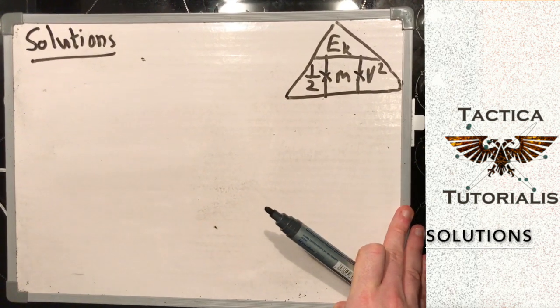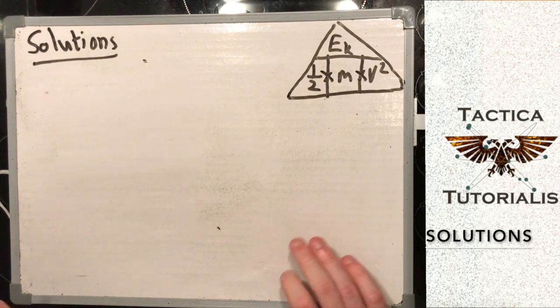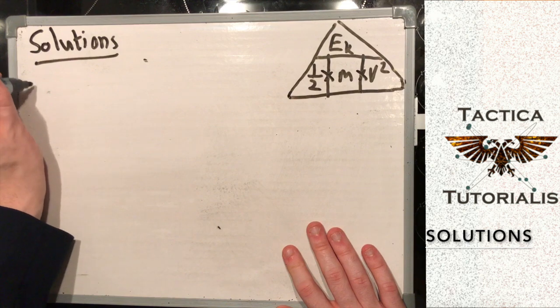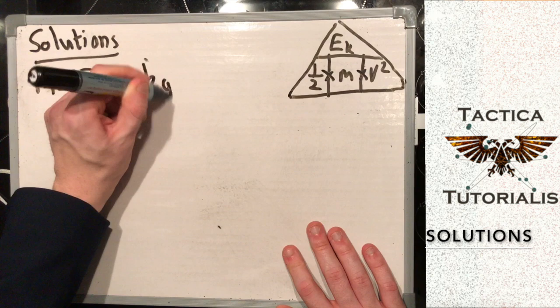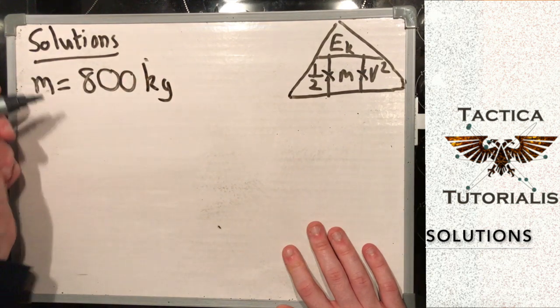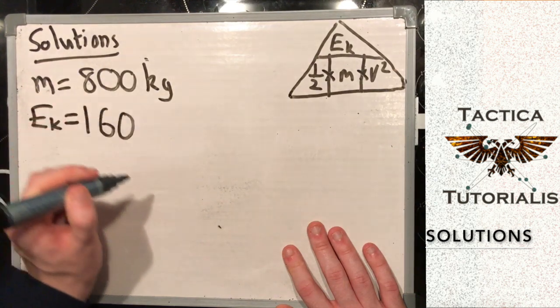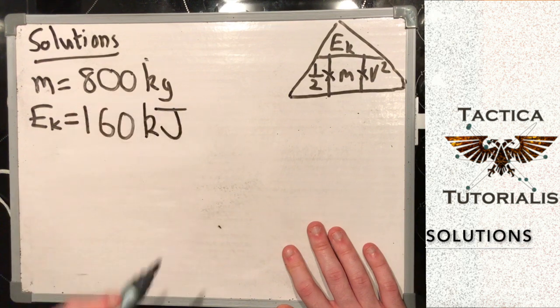Right, question 3 is the first time I asked you to do a little bit of manipulation of the equations and a little bit of unit conversion. So we have a rocket of mass 800 kilograms, and they have a kinetic energy of 160 kilojoules.